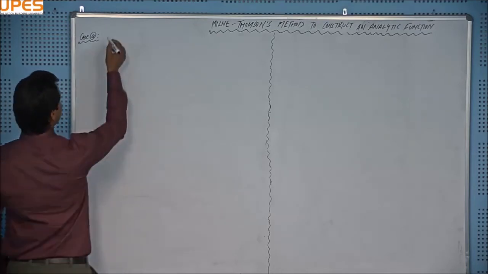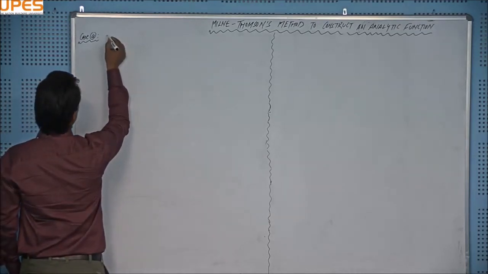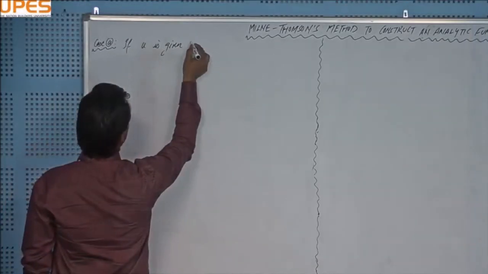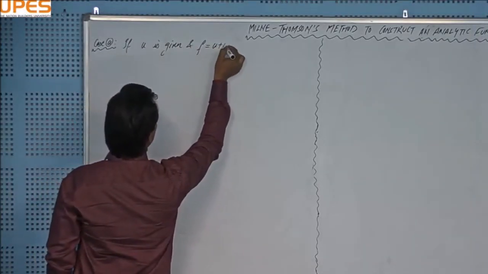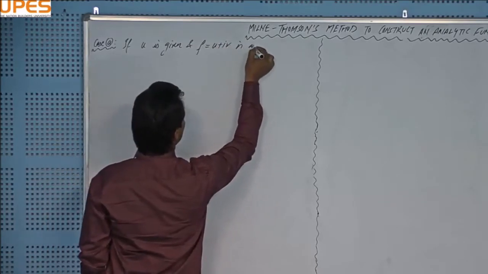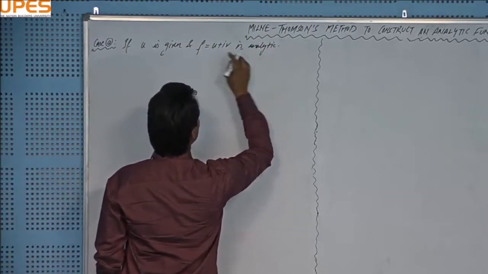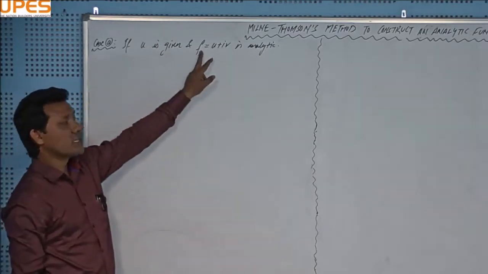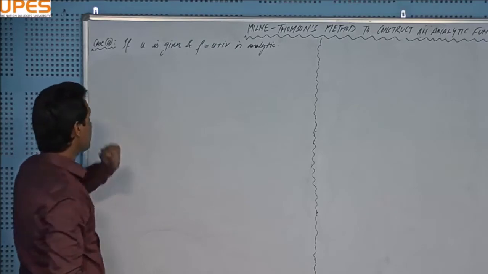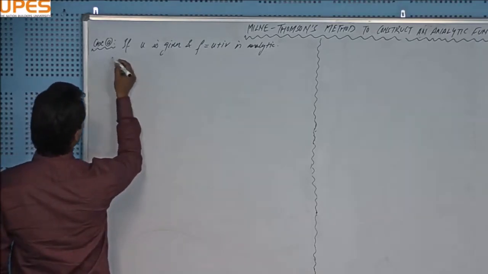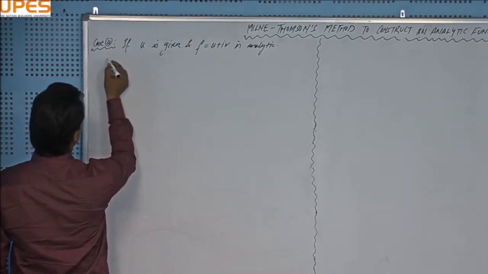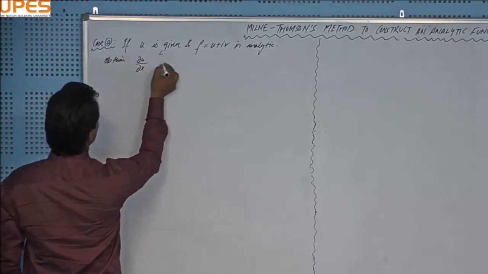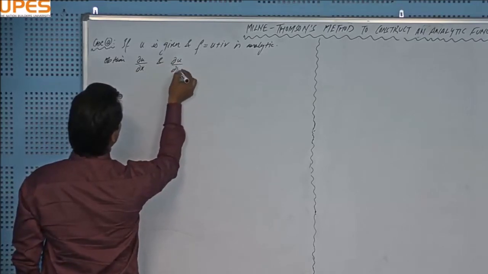Case A: if the real part u is given and f equal to u plus iv is analytic, you are given the real part of a function and you are searching for the analytic function f. Then this method says that first you find del u over del x and del u over del y.